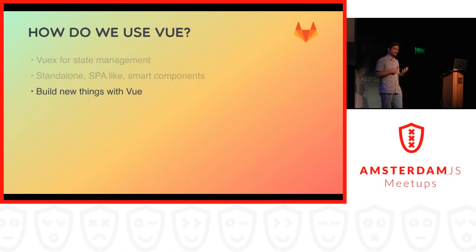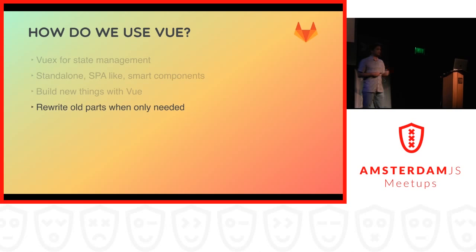We still have the jQuery part. We still have the HAML part because we cannot basically rewrite everything from scratch. So we still have legacy code, but we are replacing parts with Vue, and we build every new thing with Vue. And we rewrite parts when we really need to.